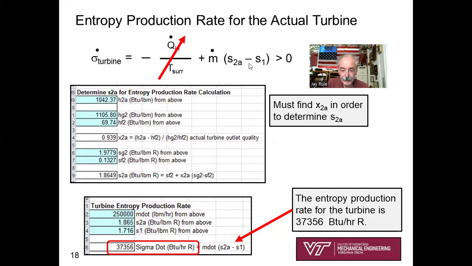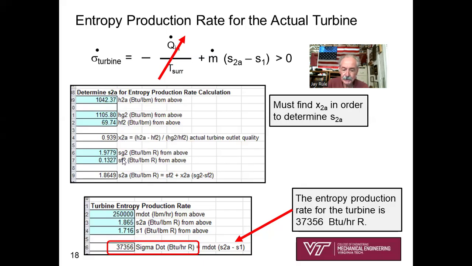I had to go back and find S1. That was a lookup. We already had that from previous work. I need to find S2 actual. How do I do that? Well, I wrote down X2 actual. I found that from previous work in the turbine analysis.